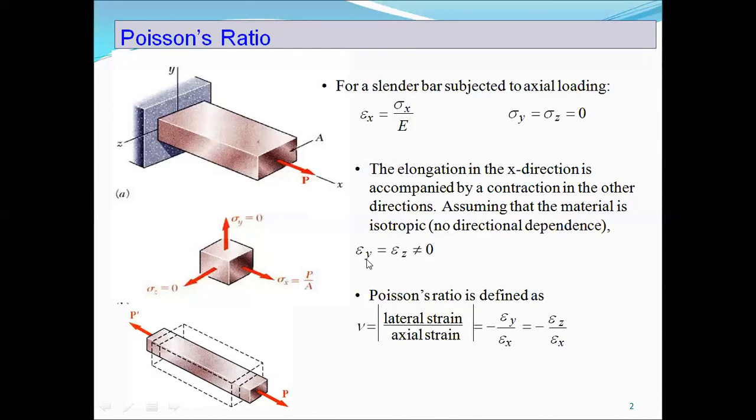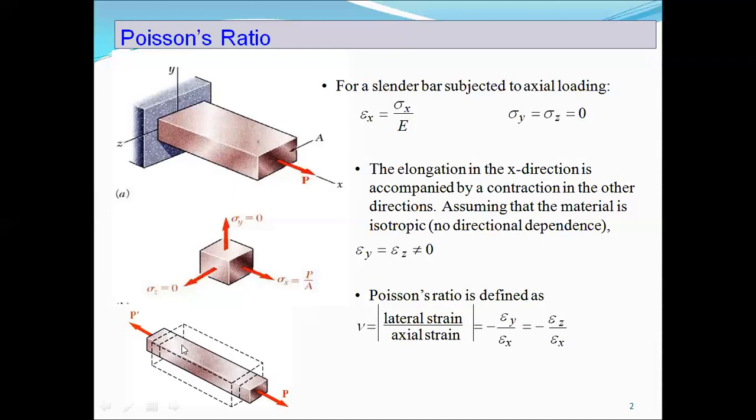We define strain as deformation per unit original dimension. We have original dimension along z direction and original dimension along y direction. So as deformation occurs along these directions, we would have strain. And for isotropic material, the strain in y direction and the strain in z direction would be equal.